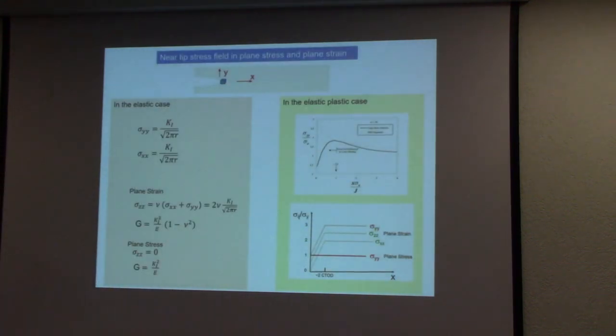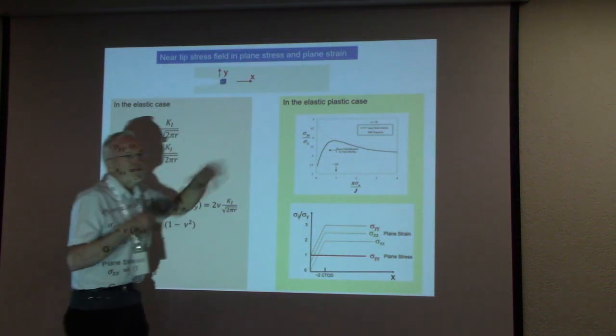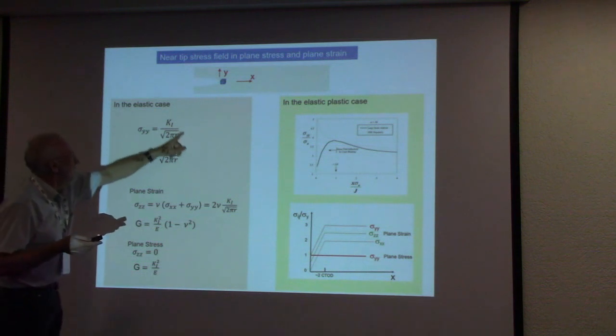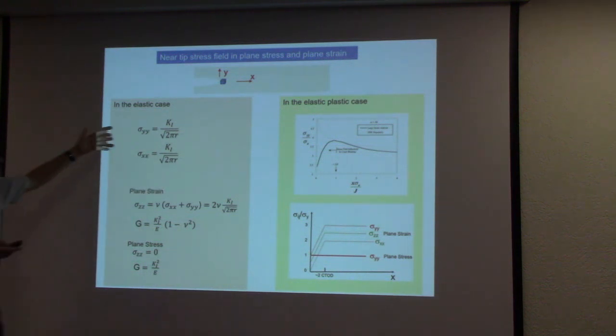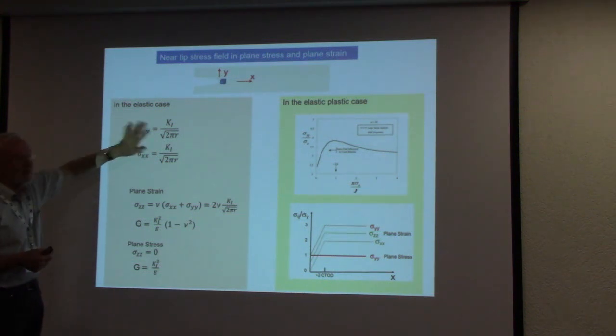Okay, when we look at the effect of the stress state, we have only the simulation, and we have only the simple solution for plane stress and plane strain. The real intermediate case is more complex, but this is the situation. In the elastic case, in principle, the stresses in the loading direction and in the growing direction are exactly the same.